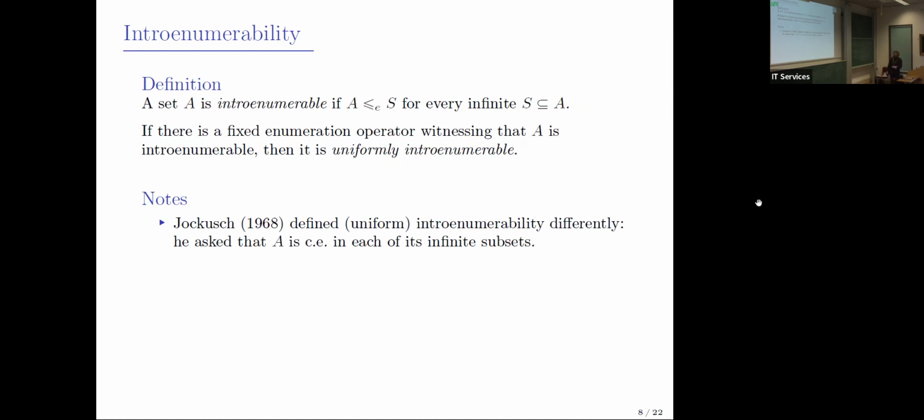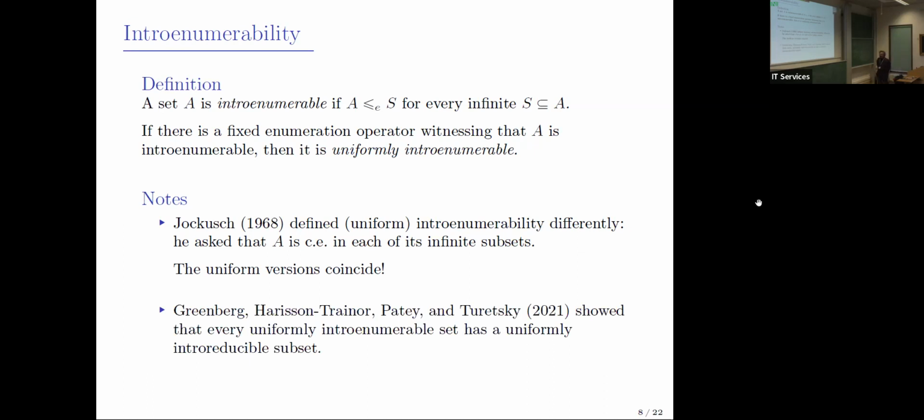I don't feel too terribly guilty about it, we should probably change the term, because the uniform versions of these two coincide, and I don't know about the non-uniform versions. But the difference between being CE in an infinite subset and being enumeration below an infinite subset could be different. But we'll mostly be talking about the uniform version where it's not actually different.